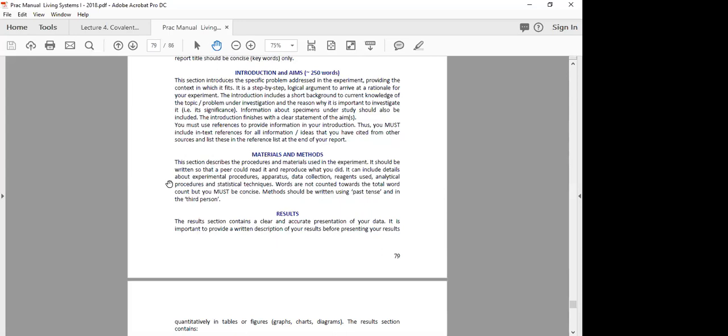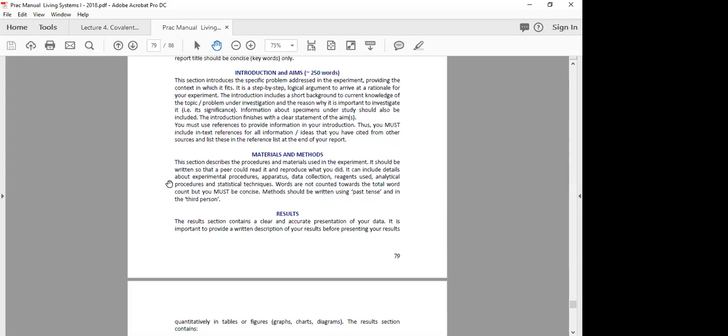So for example, if a protocol says dispense 2 ml of sodium hydroxide into a beaker, that's giving you an instruction, isn't it? Just like a recipe. But when you actually write that in your materials and methods, you will write, for example, 2 ml of sodium hydroxide was dispensed into a 20 ml beaker.